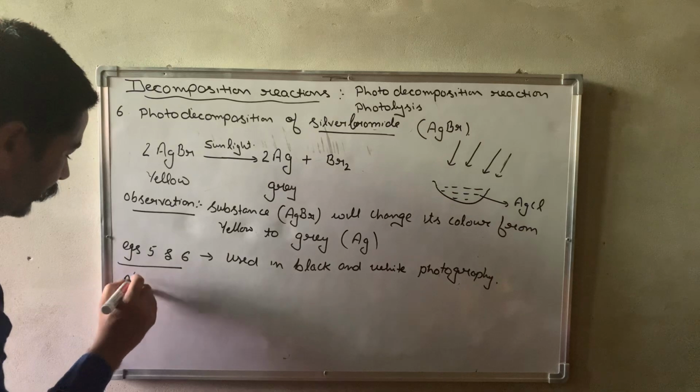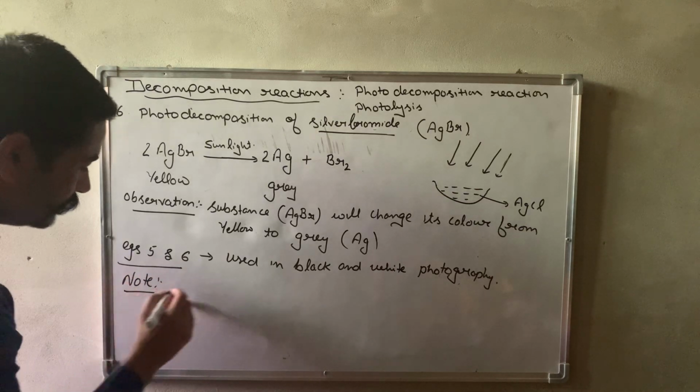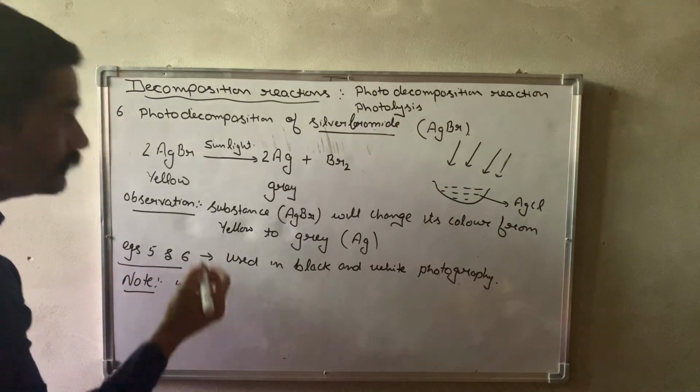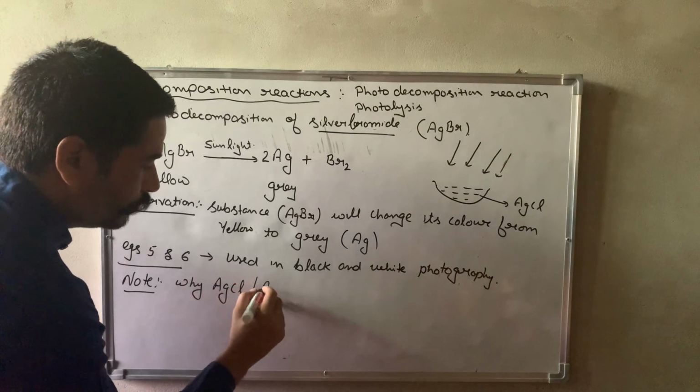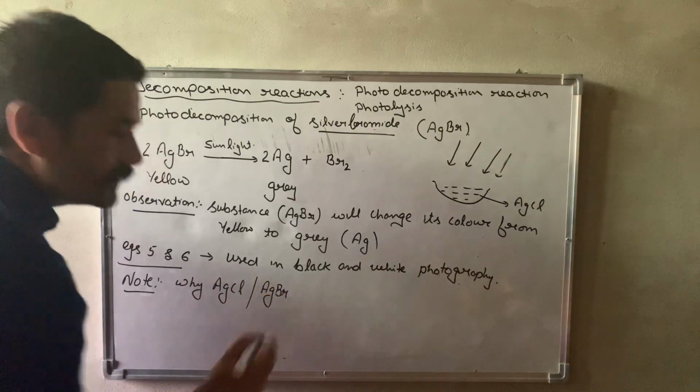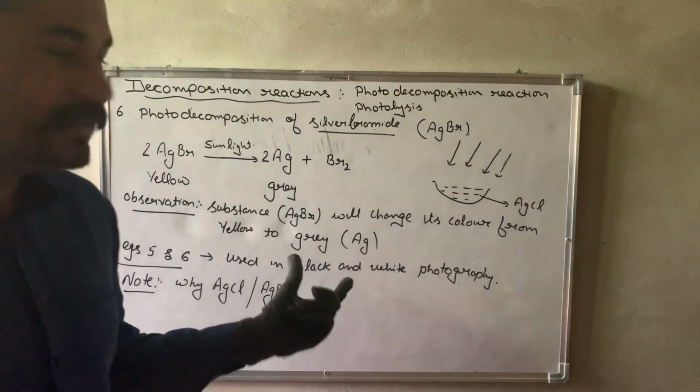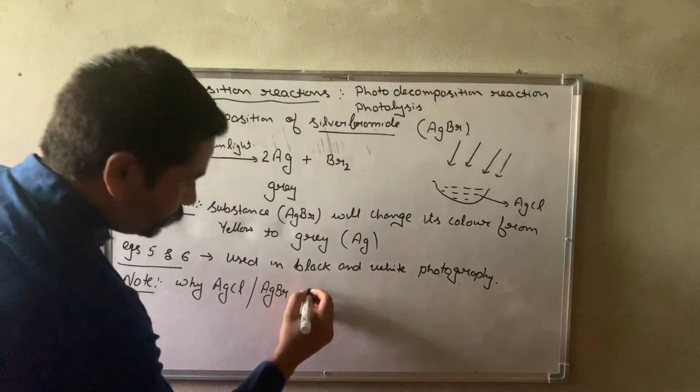Now again one important question is being asked, that why the silver chloride or silver bromide substances or solutions are always kept in dark bottles.